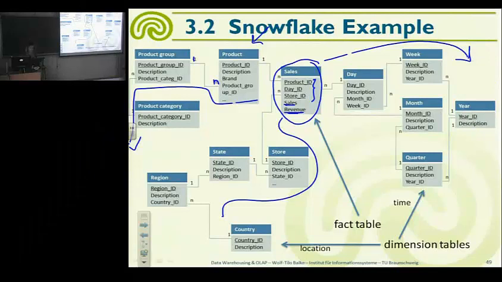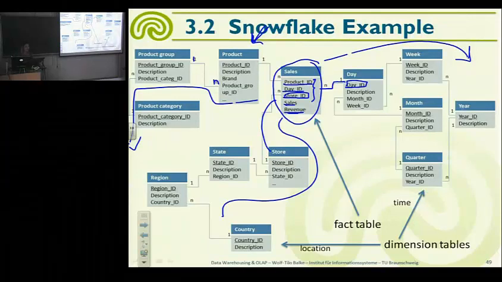And what is interesting to note here is that in the fact table, you connect, of course, to the smallest granularity. So over here, you have a foreign key to the product ID, which is the finest granularity. You have in the time dimension a foreign ID to the day. And for the location dimension, you have it connected to the store ID, so to the finest granularity.